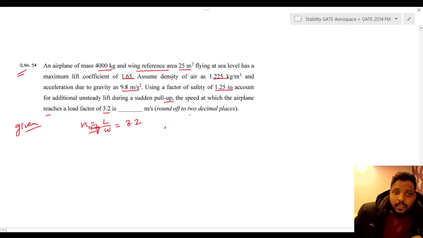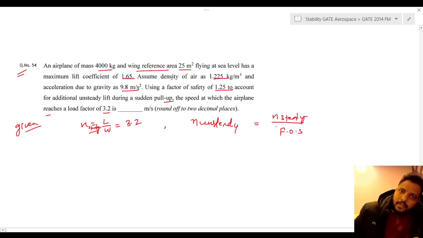That means if I denote this with n unsteady, the relation between load factor for steady flight is given by n steady equal to n unsteady by factor of safety.